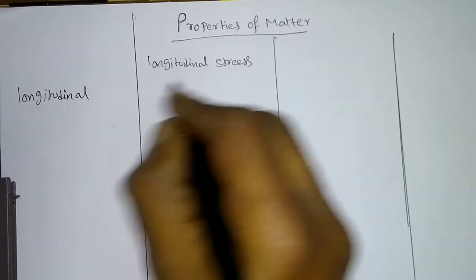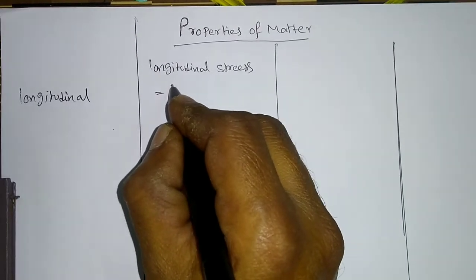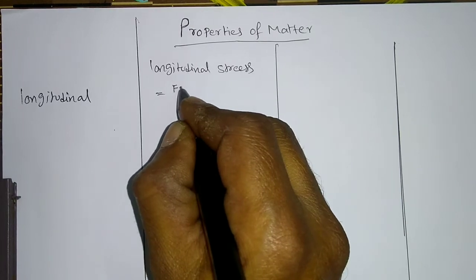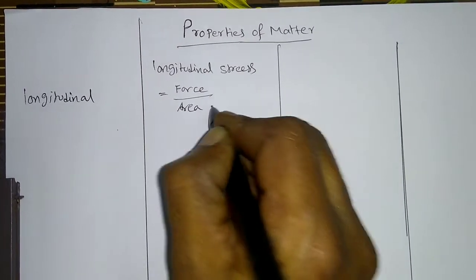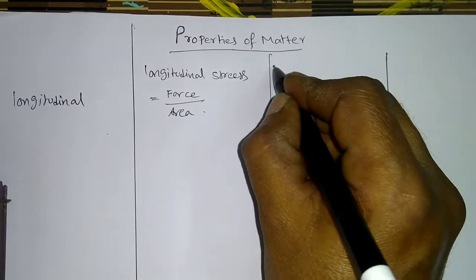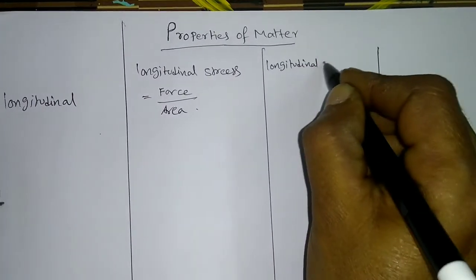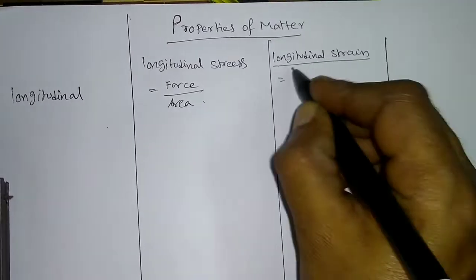What is the simple definition? That is restoring force by area of cross section, as usual, same formula. What is the longitudinal strain? This is a simple definition.